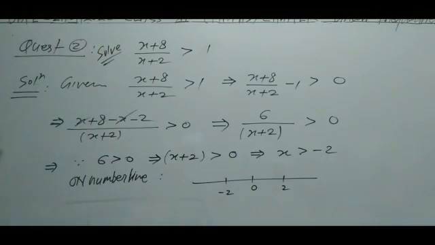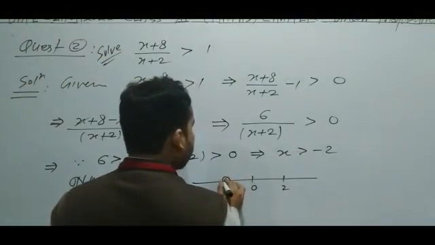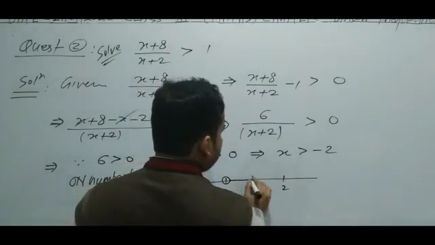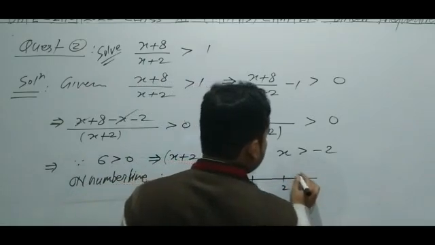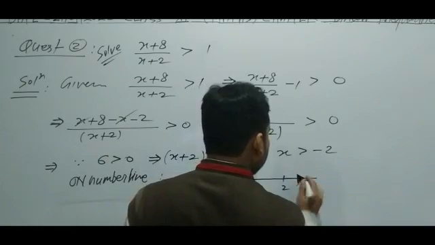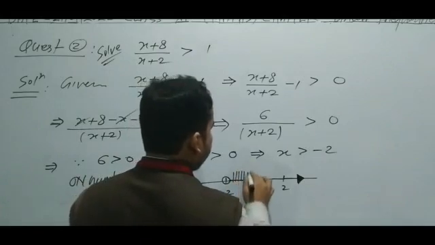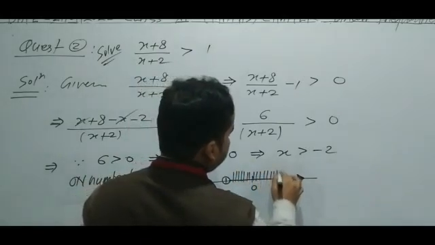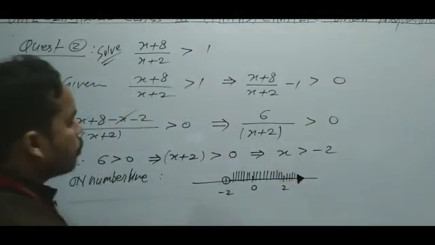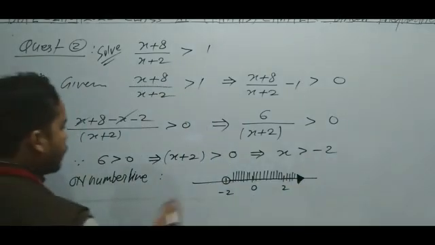So on the number line you will see greater than minus 2, and the greater than minus 2 is the value. This is the result. So up to infinity, means minus 2 to infinity.